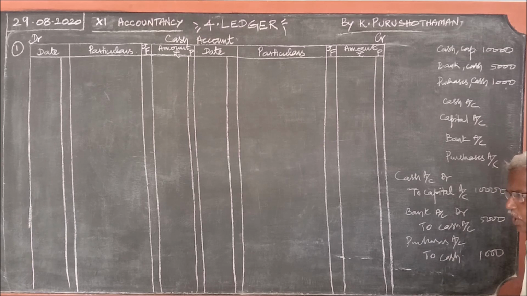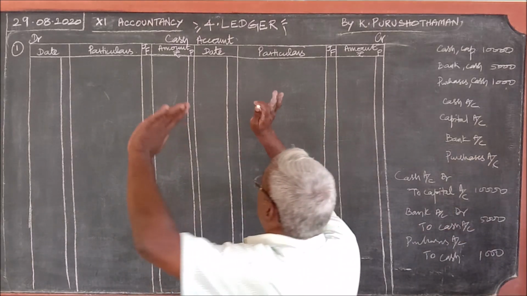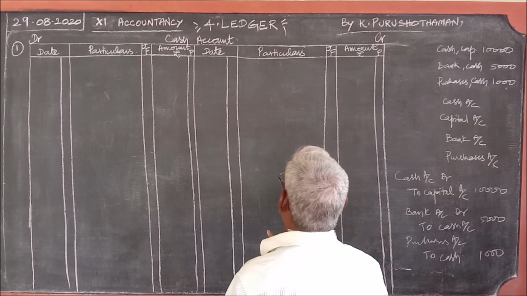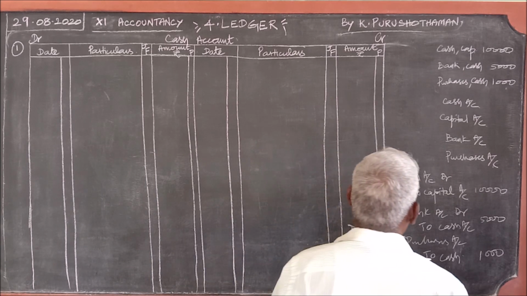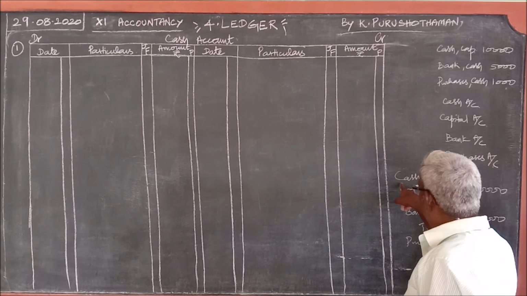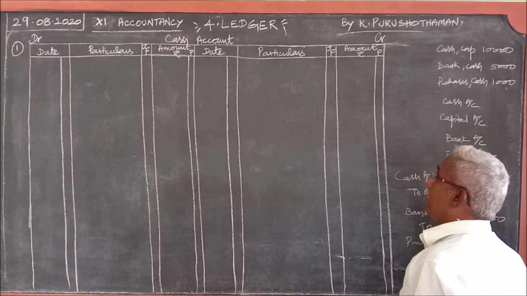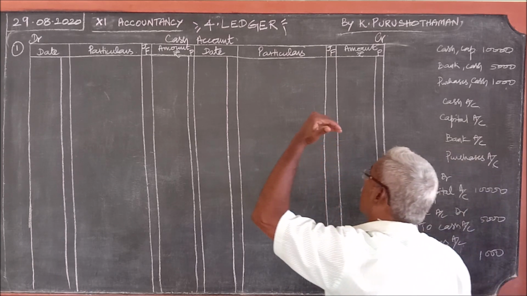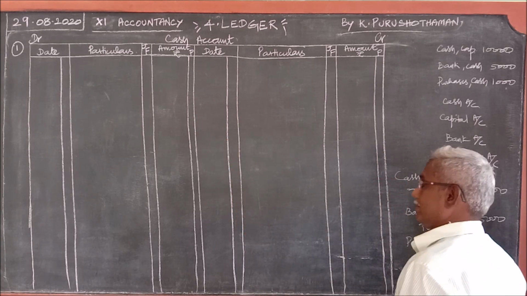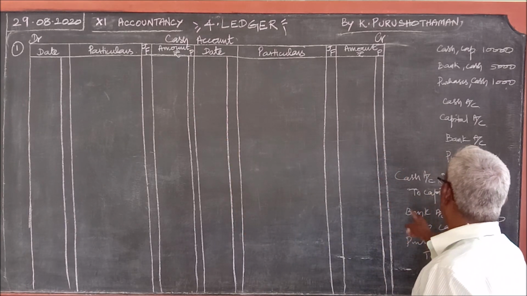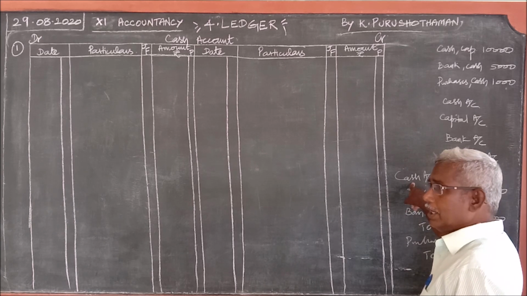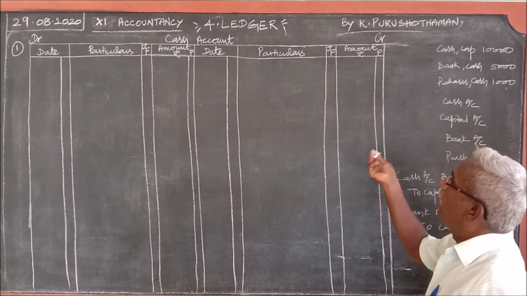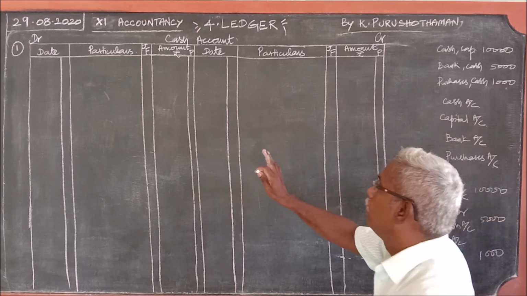Okay. Just now I started saying which side we should make the posting. Since we are preparing cash account, we must see where the cash account is. On the debit side. So we should pass entry on the debit side. From the first journal we found the cash account is on the debit side. Therefore we should pass entry on the debit side only.